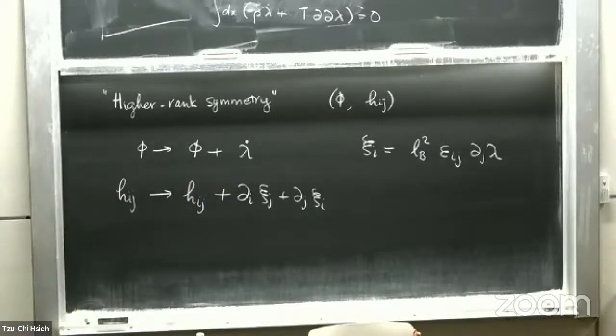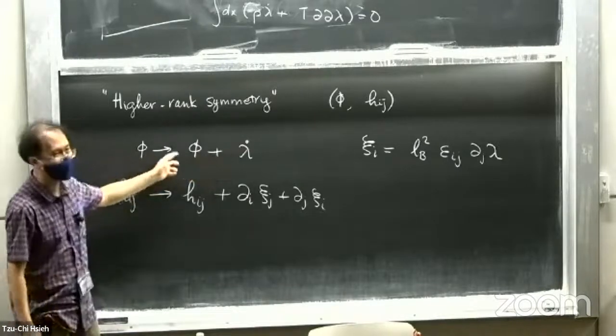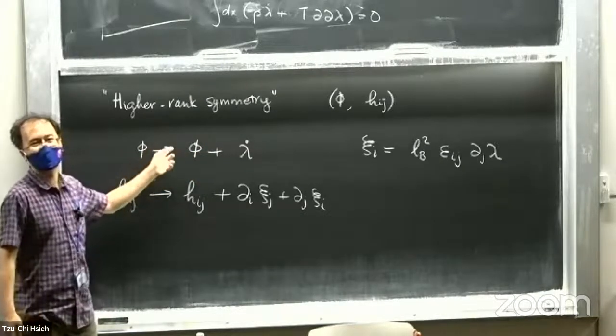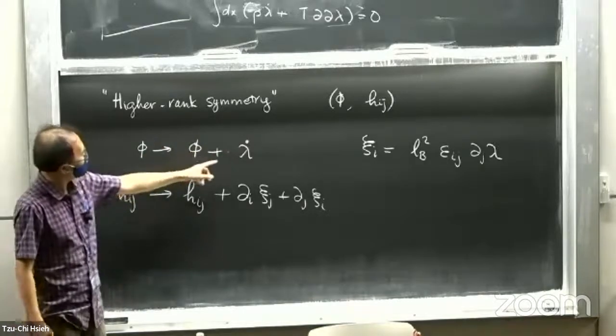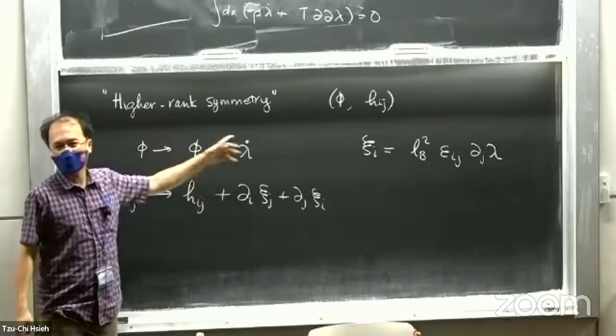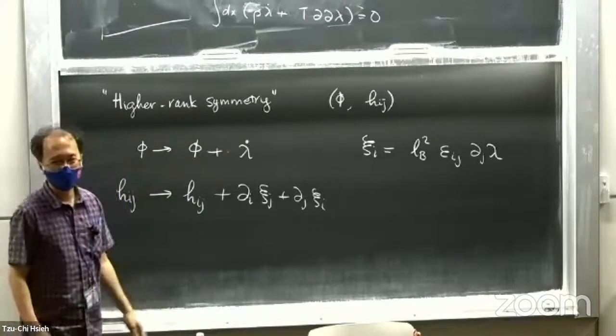Basically, here we have a symmetry that is a hybrid of the usual U(1) symmetry of electrodynamics. It looks like a zero component of some electromagnetic field, lambda dot, but there is no A_i component.